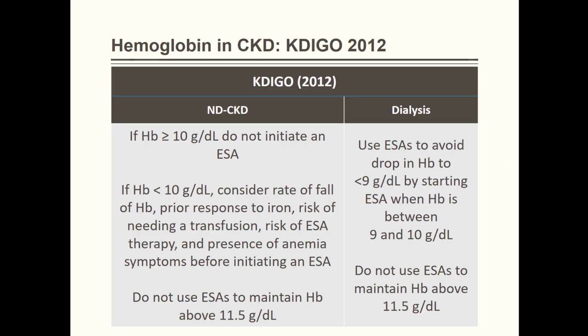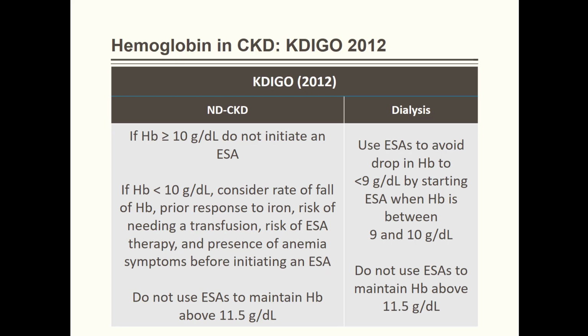This page illustrates what KDIGO, which is the guideline in nephrology, recommends for hemoglobin in CKD not on dialysis versus dialysis patients. As you can see, for non-dialysis CKD patients, you would initiate ESAs only if hemoglobin is less than 10 gram per deciliter.